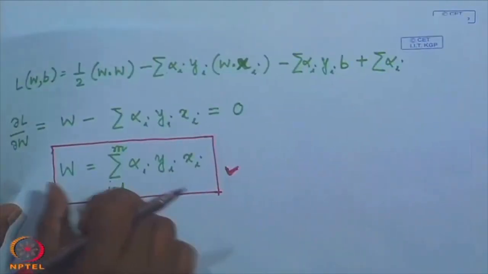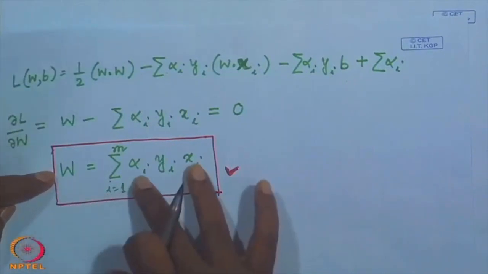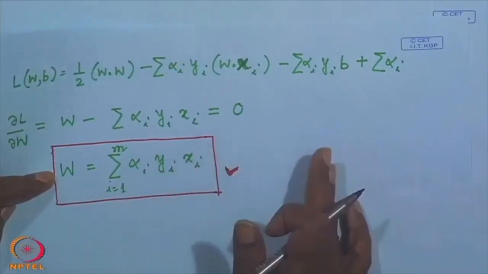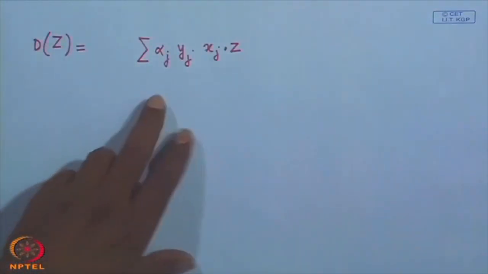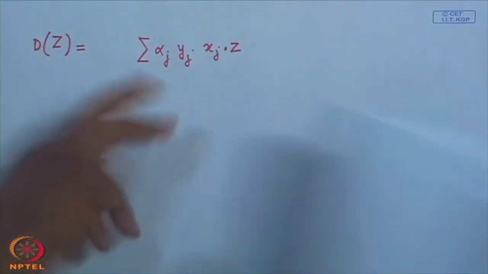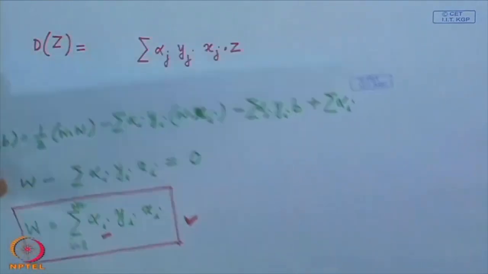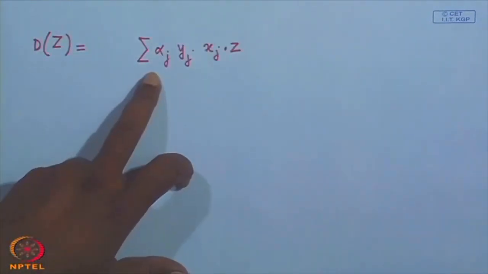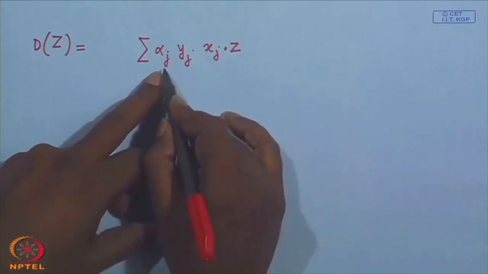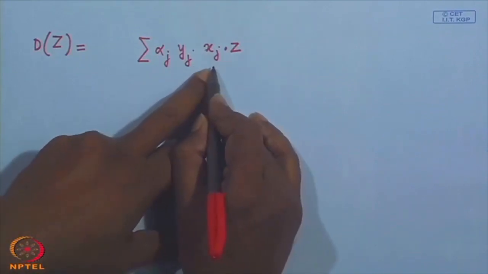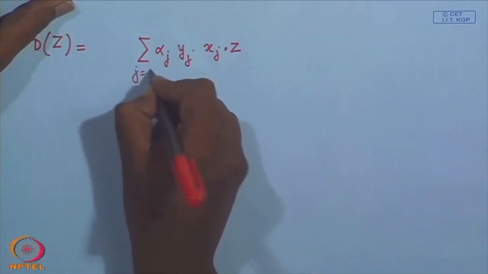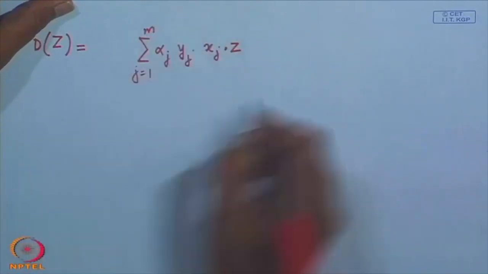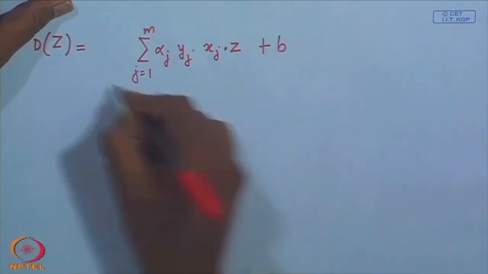And what I have to compute is this w dot z. Here I have simply replaced subscript i by subscript j, so it does not matter. I compute alpha j y j x j dot z, take the summation over j equal to 1 to m, plus b.